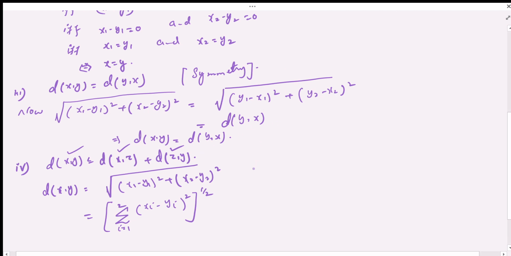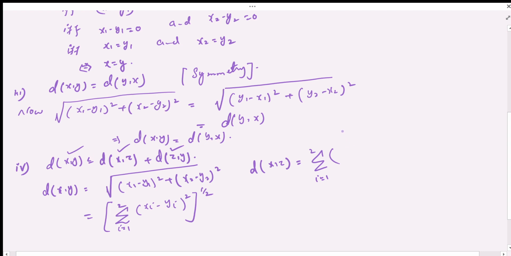And similarly, can I write d(x, z) as the summation for i equal to 1 to 2? You can use i here, or any other index. But what will I write inside? When I had this x, I wrote xi, and when I had this y, I wrote yi.